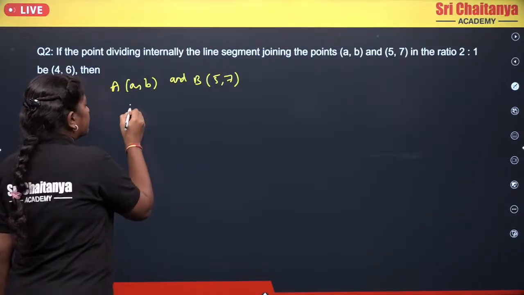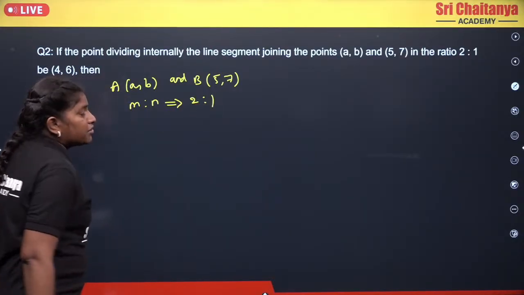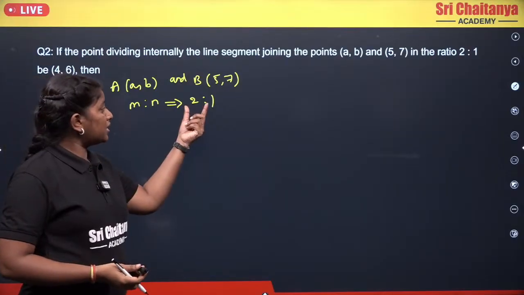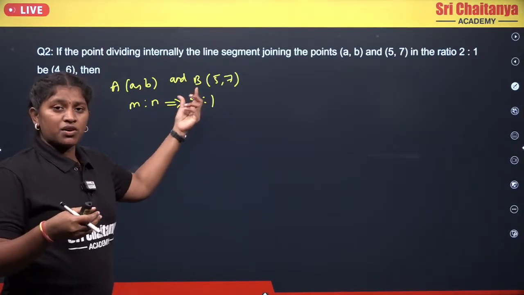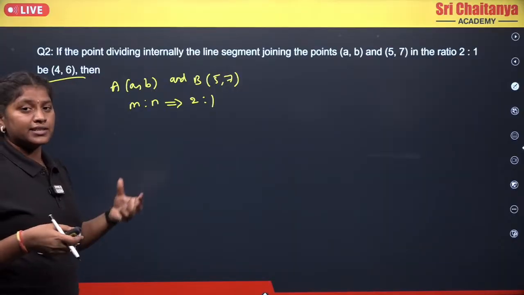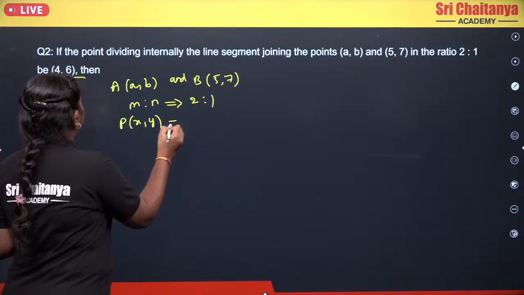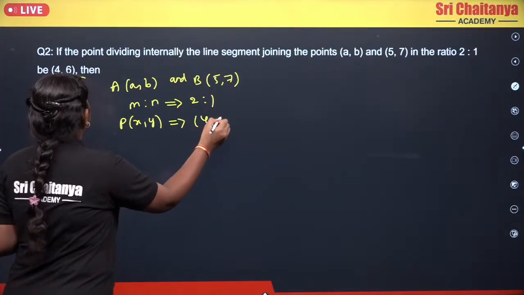And they gave the ratio m is to n, which is 2:1. If you observe here clearly, 2:1 is nothing but making the sum of 3. So whatever the point that is dividing, that becomes your point of trisection. Okay. So P of x comma y will be your 4 comma 6.